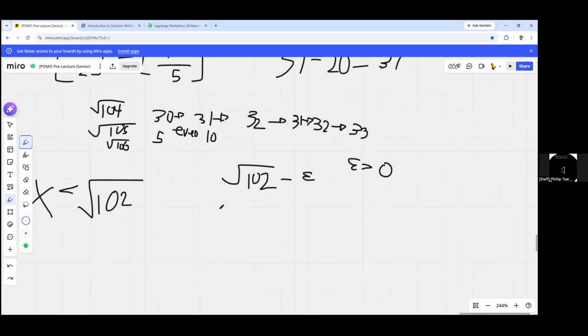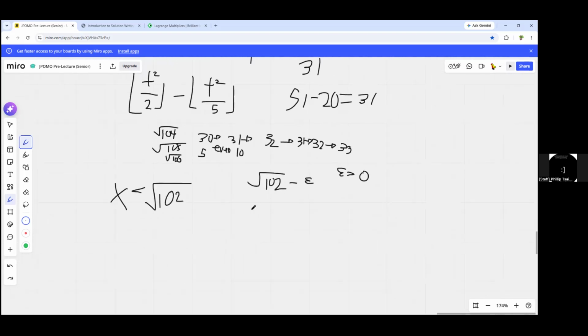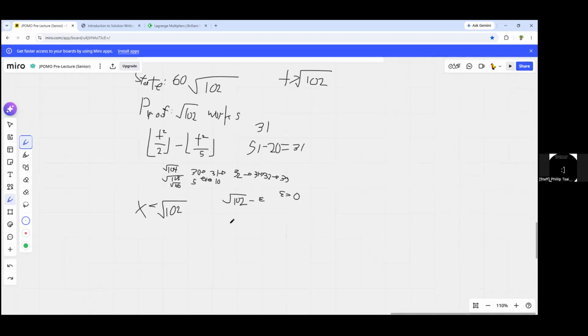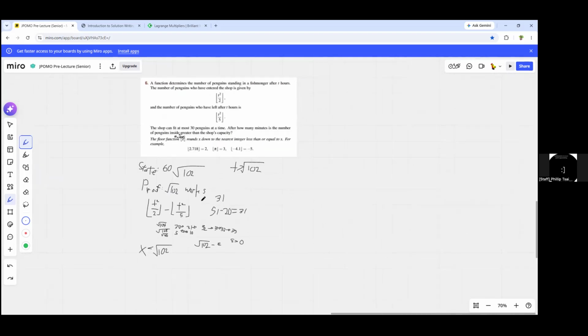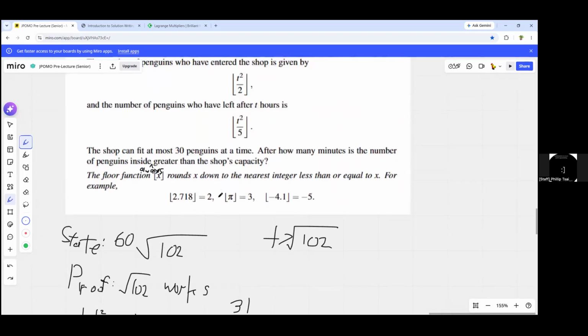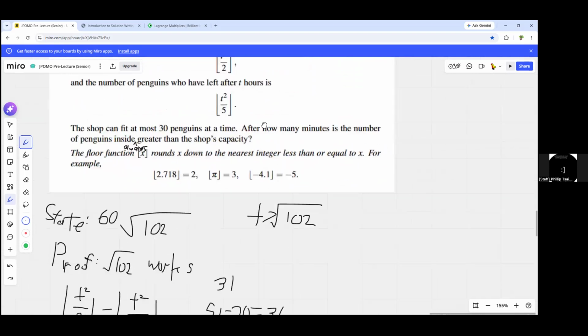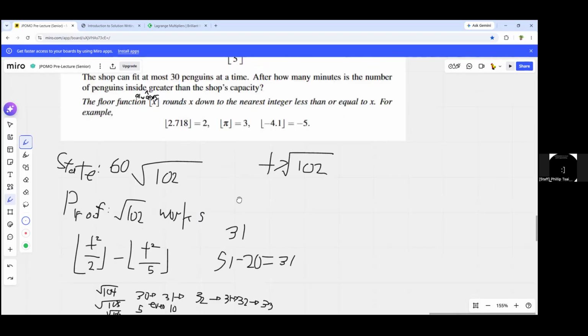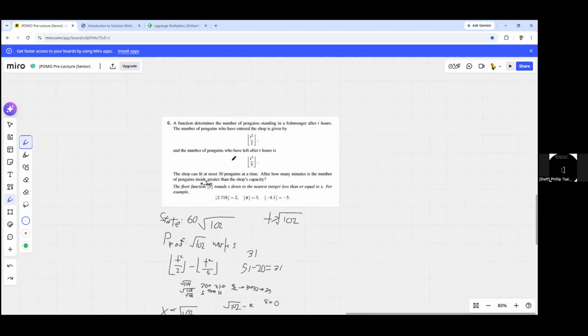So if you have any positive real number less than square root of 92, you'll find a number infinitesimally greater than that, and has 30 penguins. So yeah, that's basically the outline for the solution.